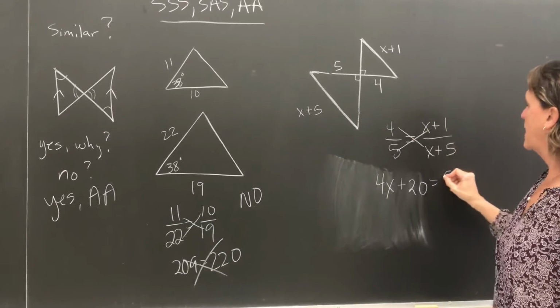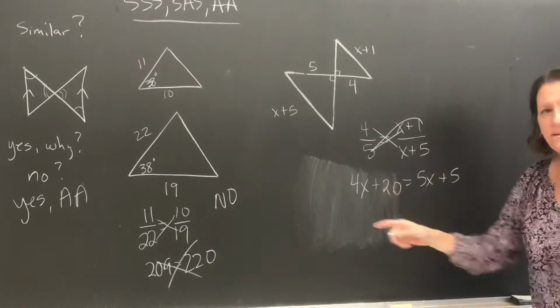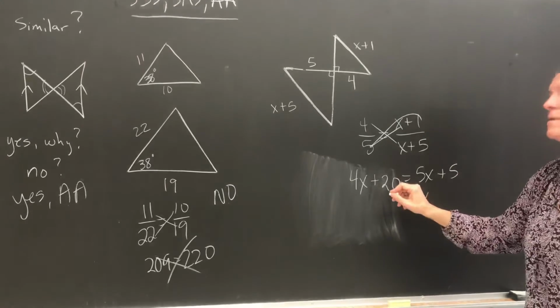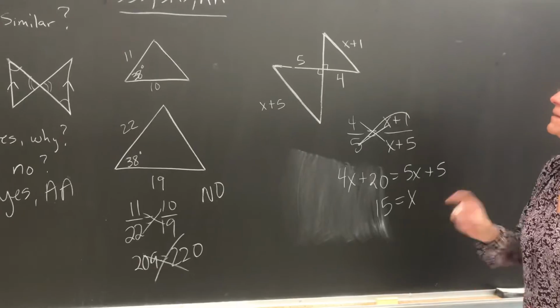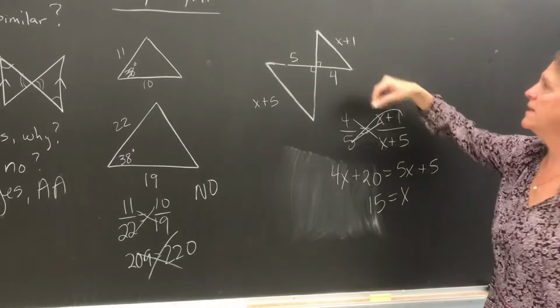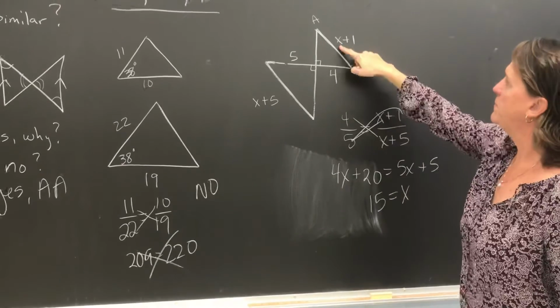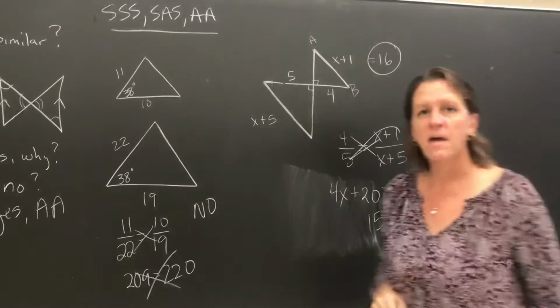The 5 goes to the X and the 5 goes to the 1. Then you divide, subtract, you get X equals 15. Then it's going to tell you to go put it in a side, so like if it says find side AB, then I just simply put 15 there plus 1, that side would be 16. All right, that's your review.